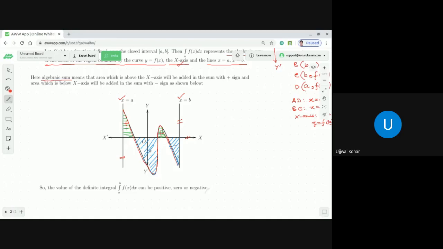In very simple terms, if this is the area of the region A1, A2, A3 and A4, the value of the integration should be A1 minus A2 plus A3 minus A4.